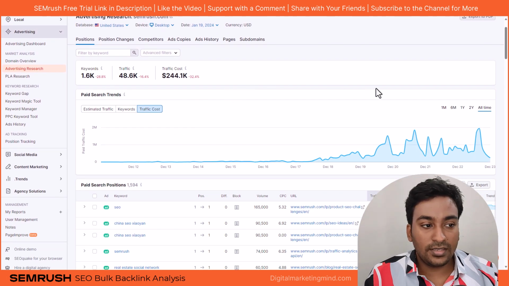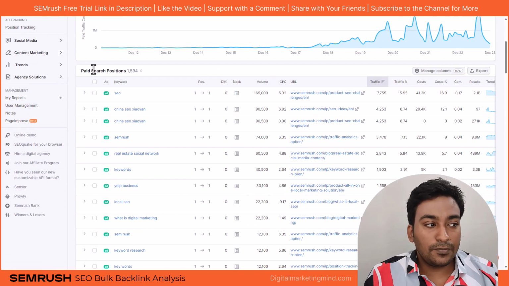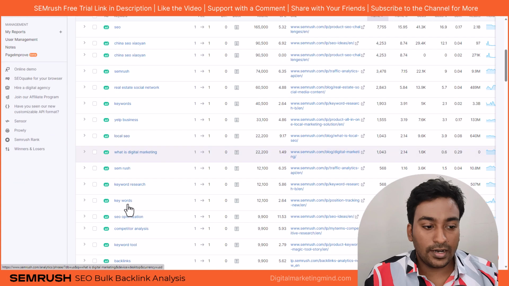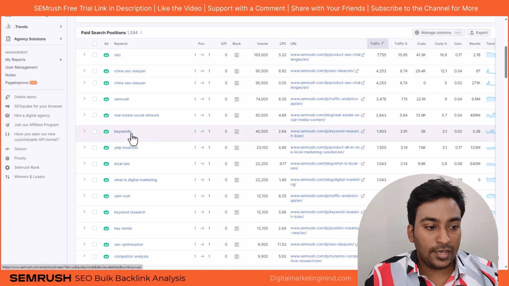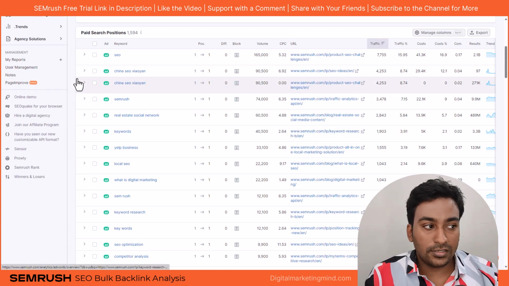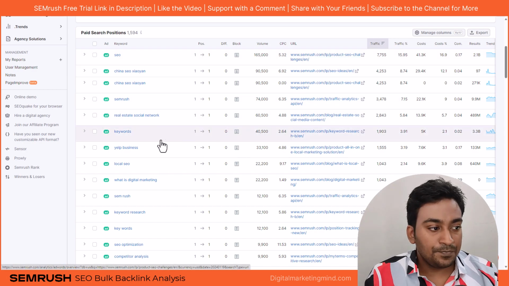So this is the basic chart view. This paid search position shows me whichever keywords they are running ads for. For example, for these keywords they are running different ads, and for different keywords they are targeting different pages. If it's SEO, they are trying to target this. For keywords they are trying to target this page.